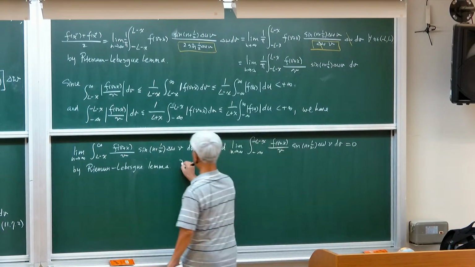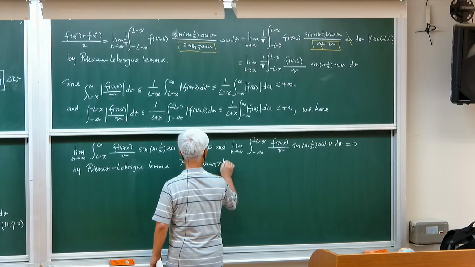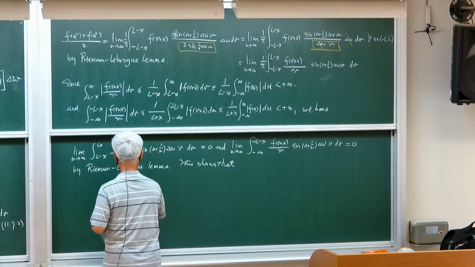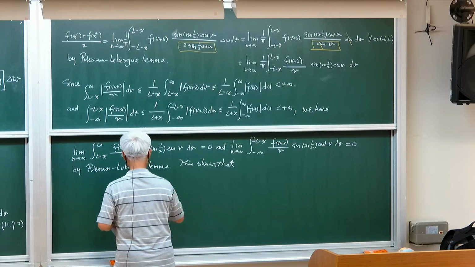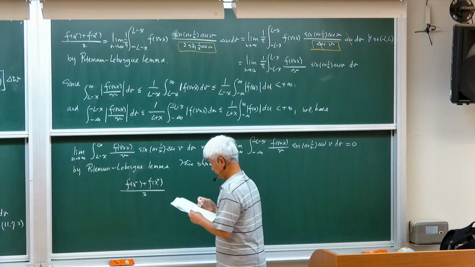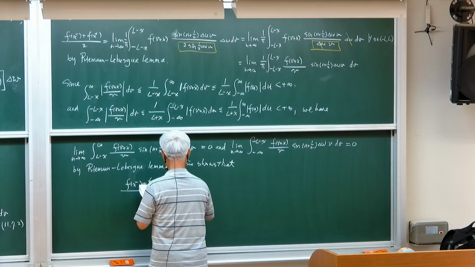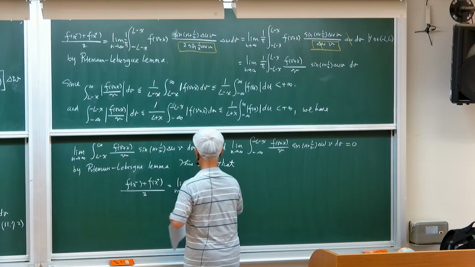So this shows that this arithmetic average is equal to the limit as n goes to infinity of 1/pi integral from minus infinity to infinity.